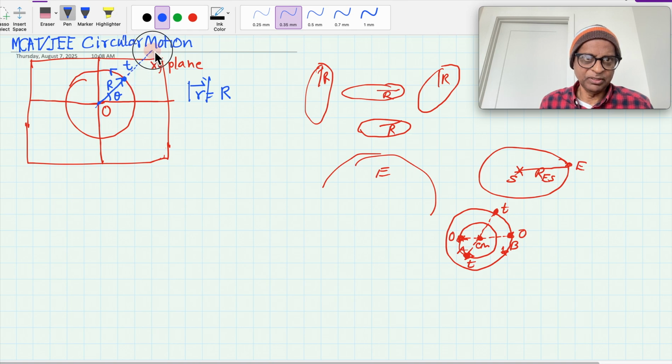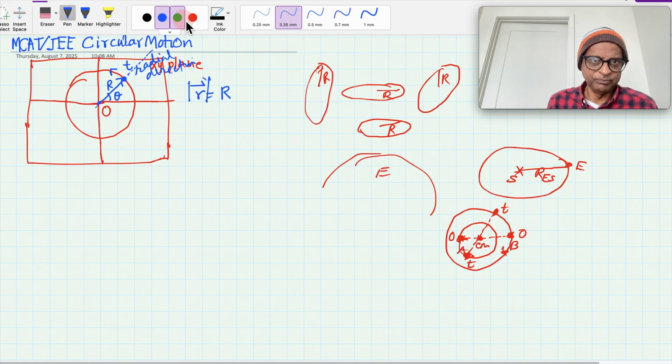It can keep going in that direction. Then there is a direction perpendicular to that. You can see the velocity is pointed in that direction. So this is the direction of the velocity, and this is called tangential.